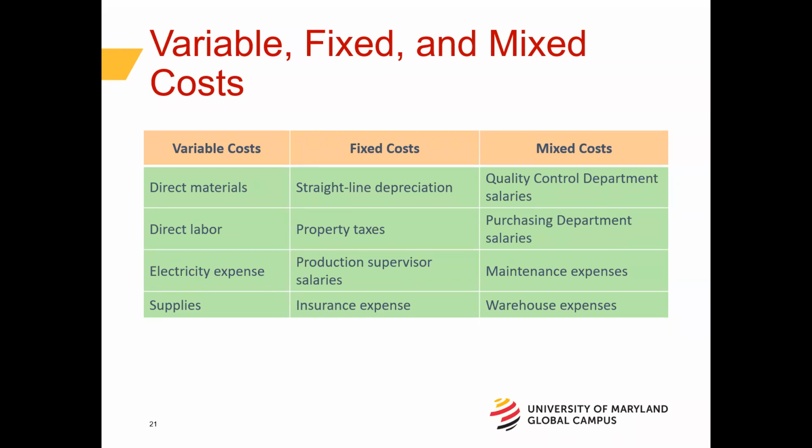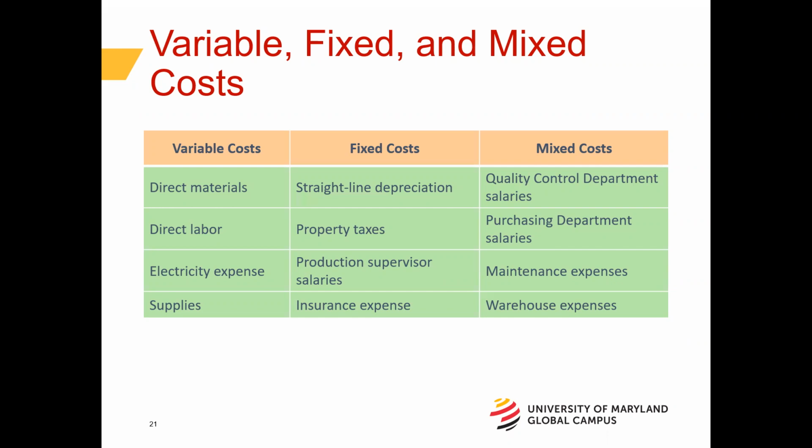The same with the purchasing department. Purchasing department, they will process X number of purchases, and after a certain point, their salaries increase based on the number of purchases. I know it sounds complex. It is. Maintenance expenses. In some cases, for maintenance, you will have a maintenance agreement, okay, where you pay a certain amount per year for maintenance, up to a certain amount.